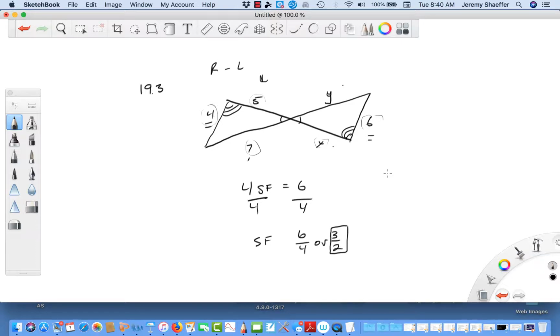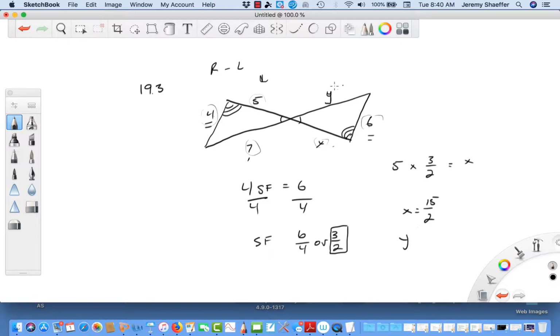So let's do that. Let's solve for x first. Okay, 5 times 3 over 2 equals x, which means that it's 15 over 2. That's x.